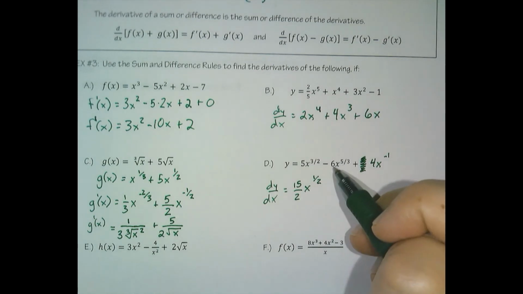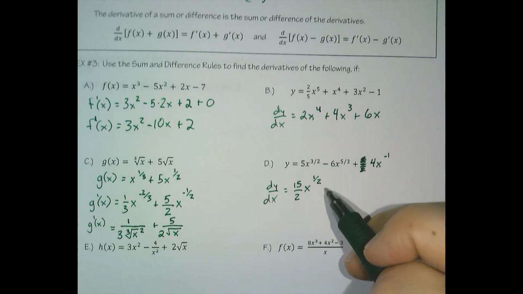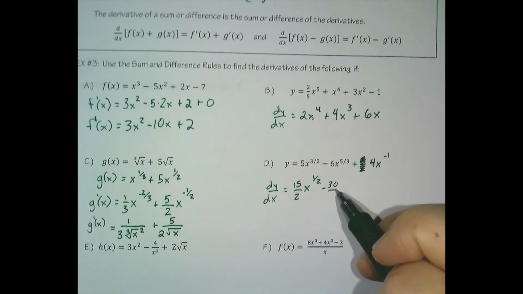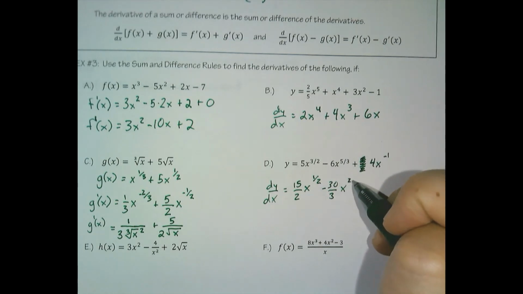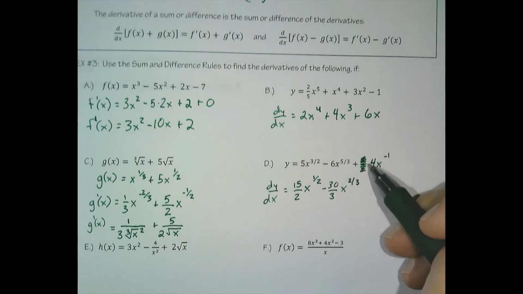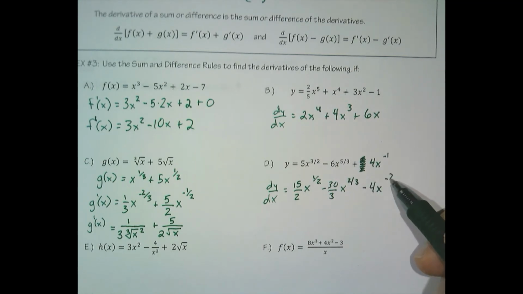Negative 6 times 5/3 would be negative 30/3, and then subtract 1 from 5/3 and we get 2/3. And then the last one, 4 times negative 1 is negative 4, and then we decrease the exponent by 1.